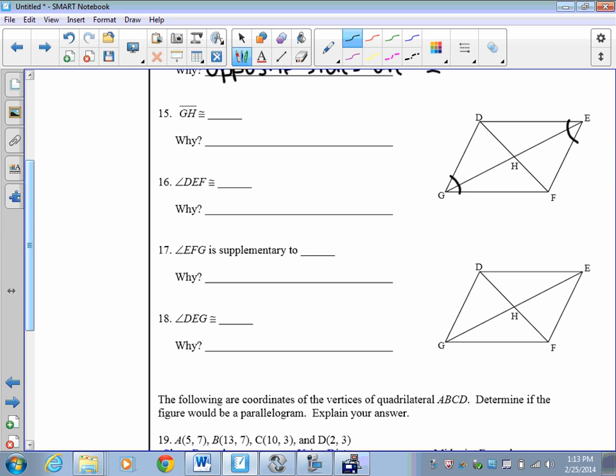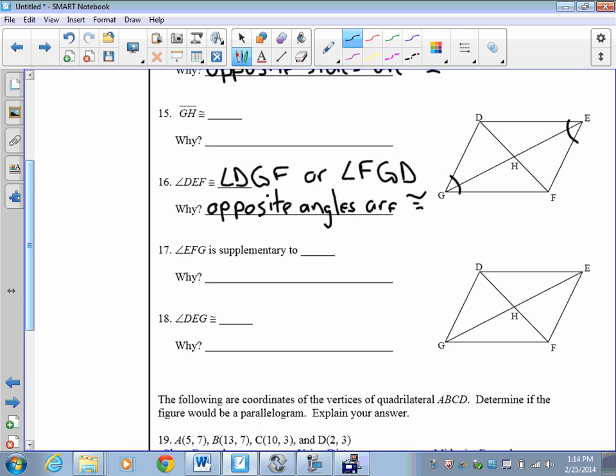Well, it has to be congruent to angle DGF or angle FGD. Those are the same two angles. Why? Opposite angles are congruent.